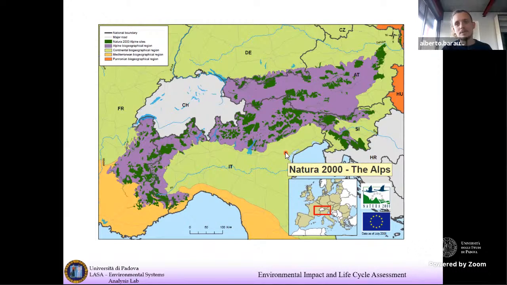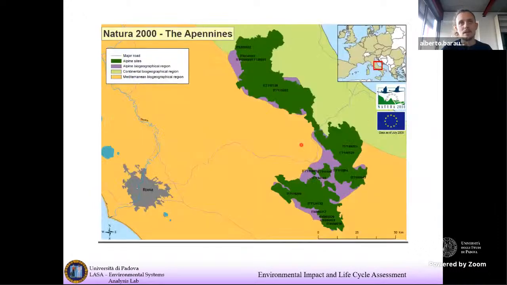And this is interesting also from the point of view of the ecological connectivity I was telling you about. For example, speaking of big sites, you have some big Natura 2000 sites in central Italy, the Gran Sasso, and so on, near Rome.